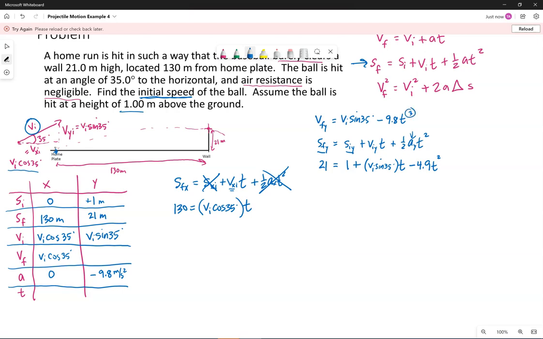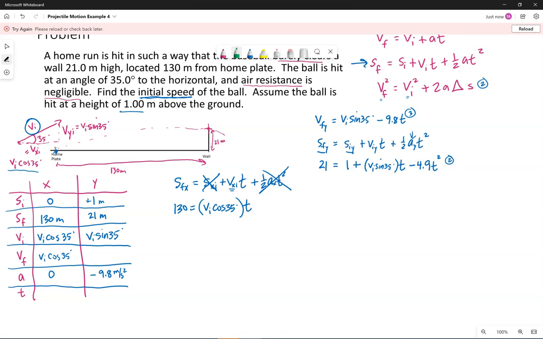So this top one had three unknowns. We now have two unknowns. The bottom equation, I would have Vy final as an unknown and V initial as an unknown, so I would still have two unknowns. Regardless of the equations we write out, we have at least two unknowns. Well, you have at some point solved systems of equations, meaning two equations, two unknowns.